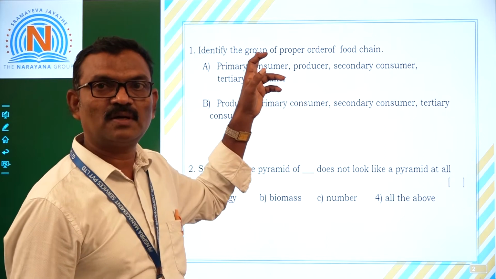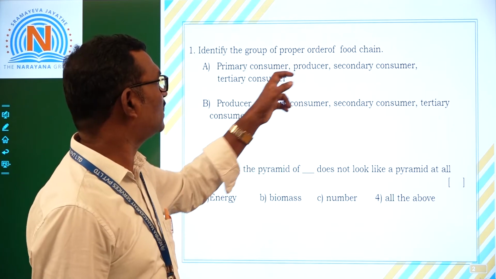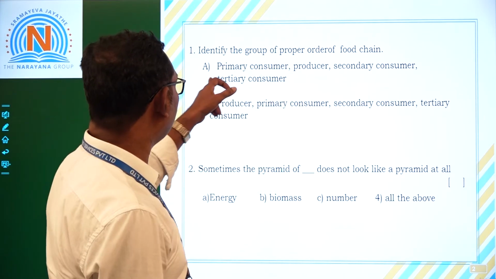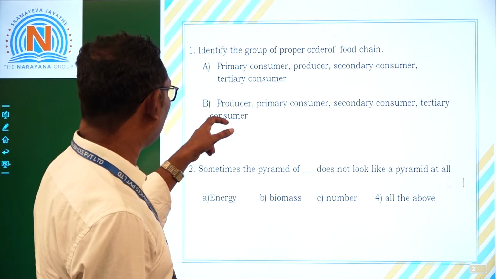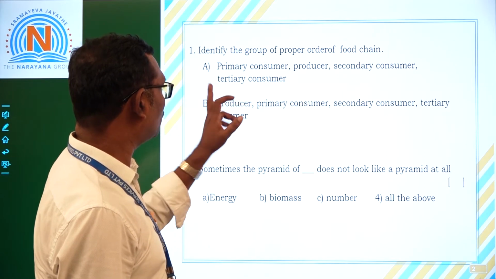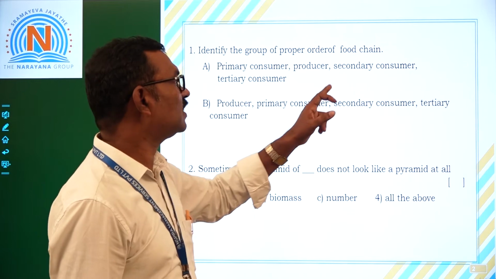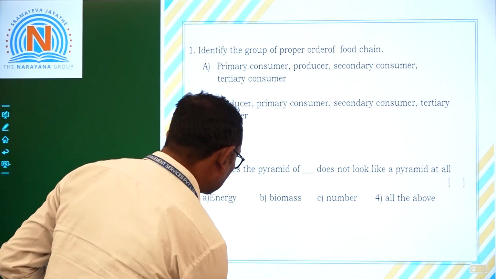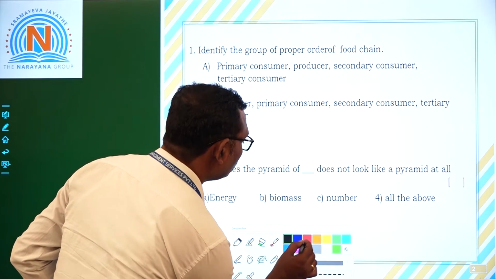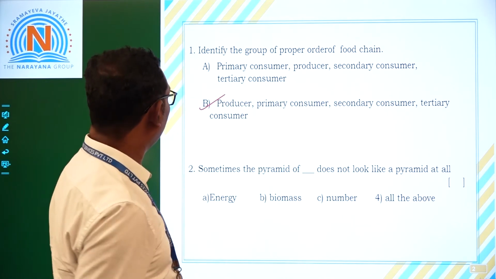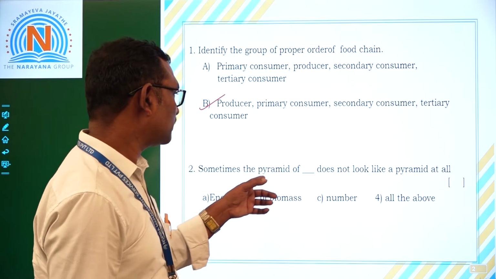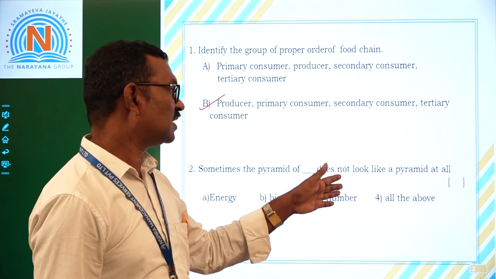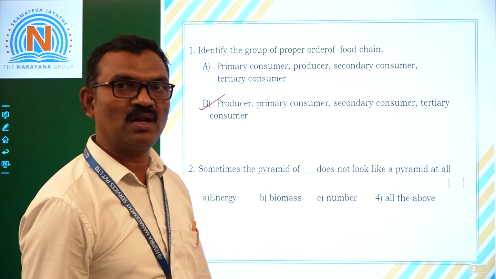Always the pyramid starts with the producer only. That's why it is not perfect. So next one, let us see. Yes, it starts with producer, primary consumer, secondary consumer and tertiary consumer. So answer is B.